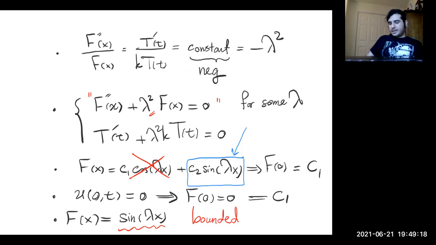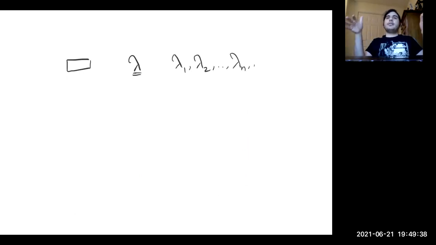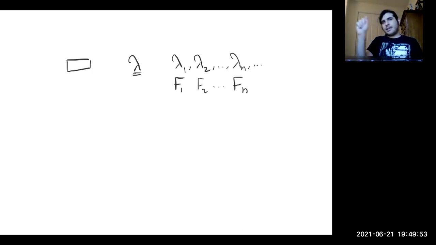So any lambda is potentially a good lambda, which we can choose here. In the finite case, if I go back, in the case where we had a finite bar, it wasn't going to infinity, there was some strict condition on lambda. So we could have lambda 1, lambda 2, up to lambda n, and after that, there were infinitely many different values of lambda, which could appear in this equation, and we would have solutions corresponding to them, f1, f2, etc. But those lambdas were very explicit.